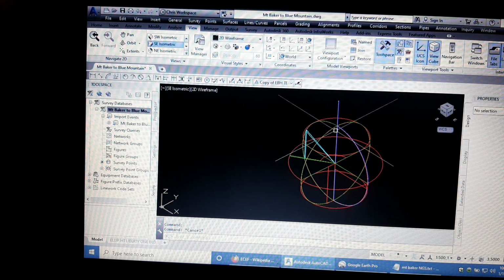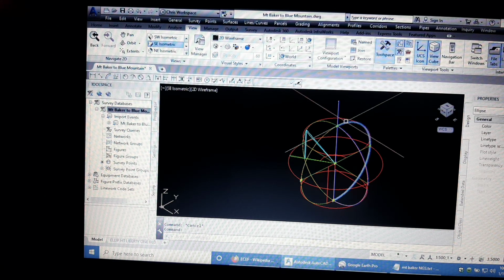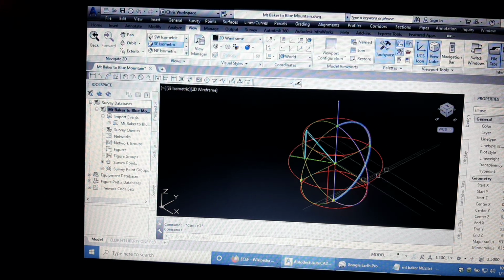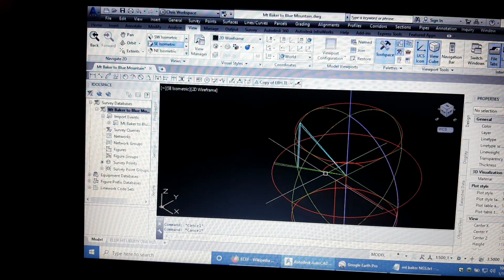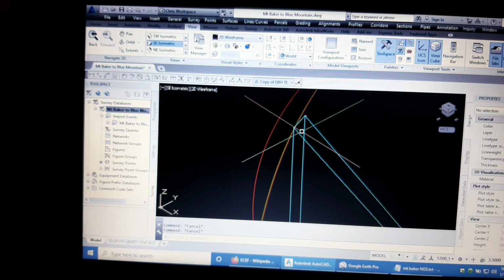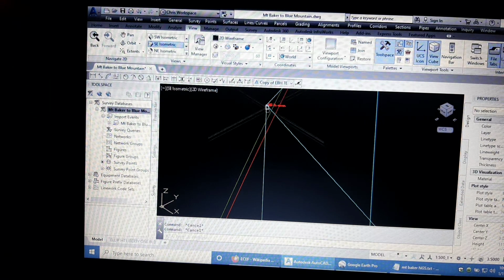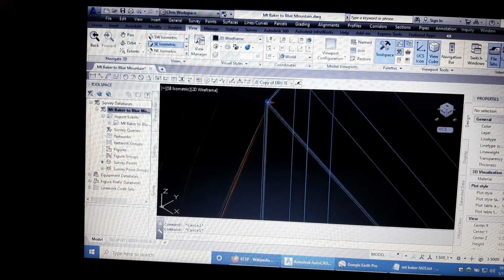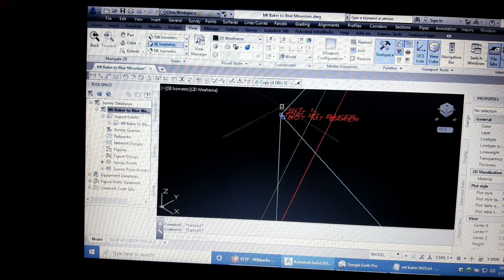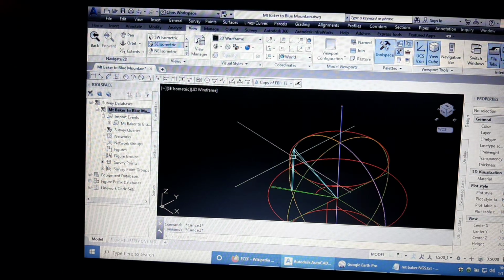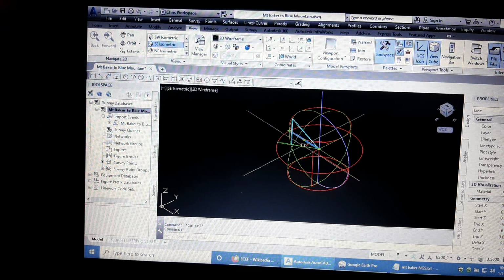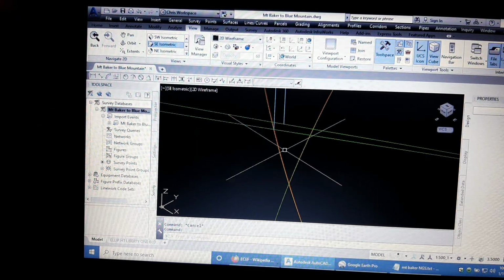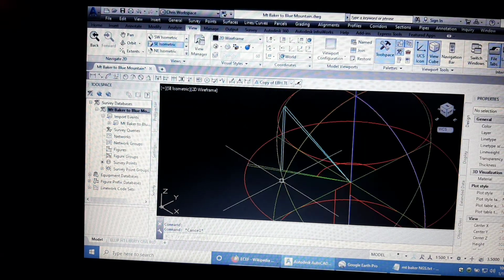That line there is a circle. And so when I get those points in, then I project that line top of the mountain straight down to the equator, and then rotate that to that point, and then do the same thing for the other one.